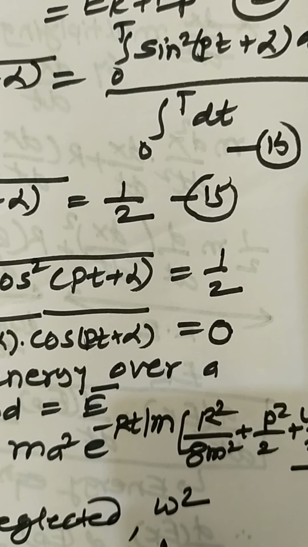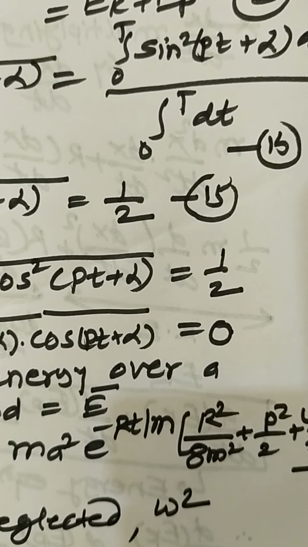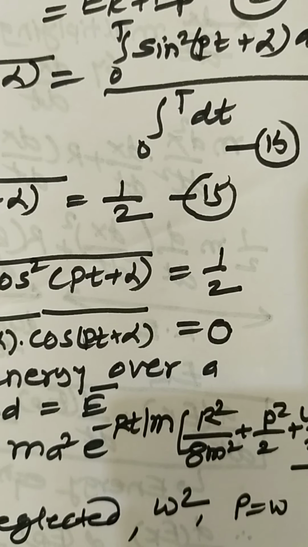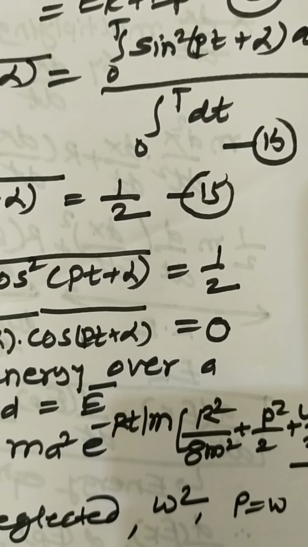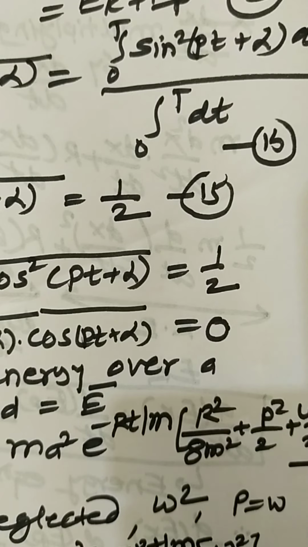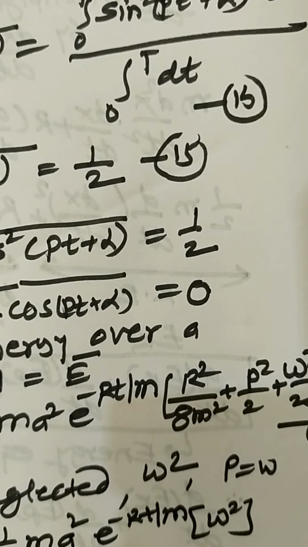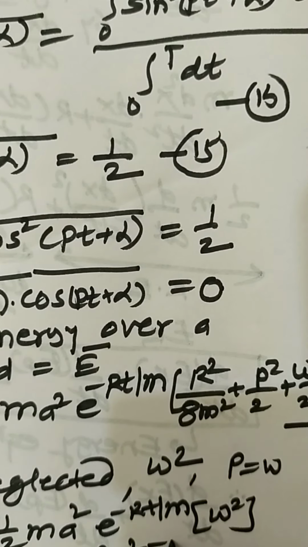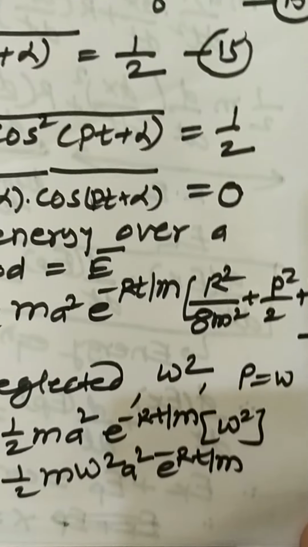Also in such a case, p is equal to omega. So E bar is equal to 1/2 m A squared e raised to minus Rt upon m into omega squared, that is 1/2 m omega squared A squared e raised to minus Rt upon m.